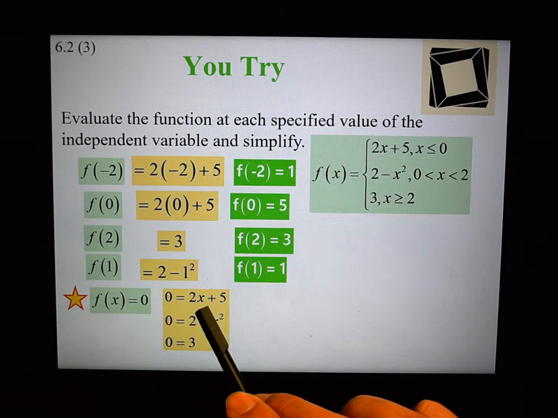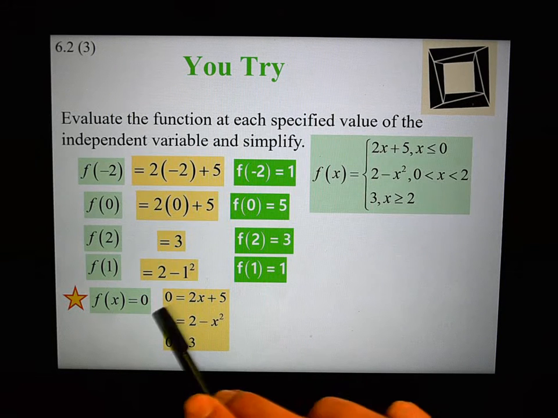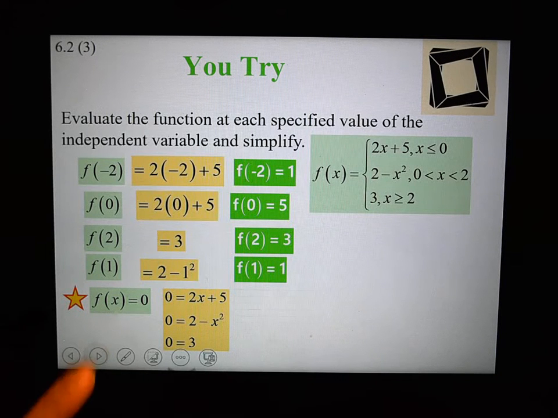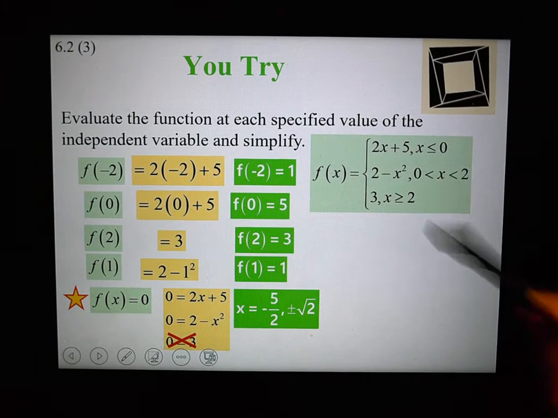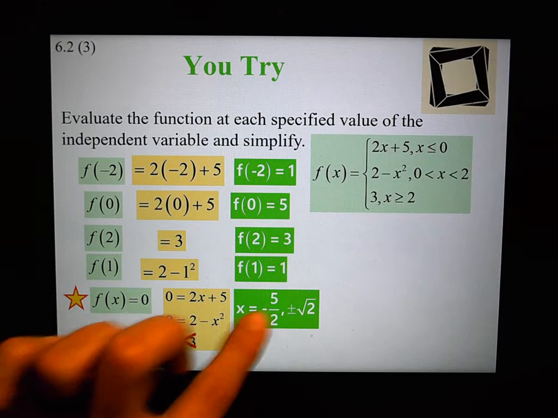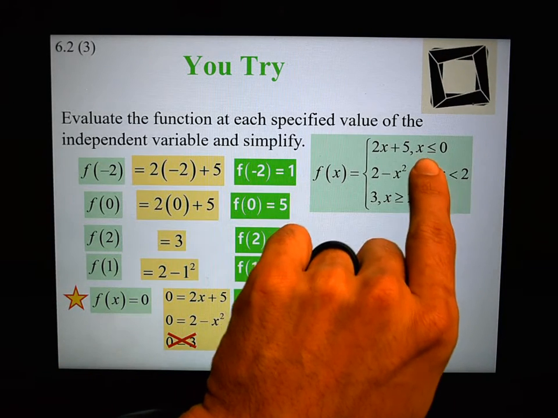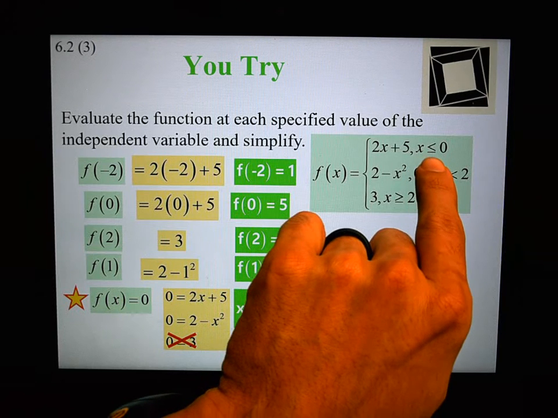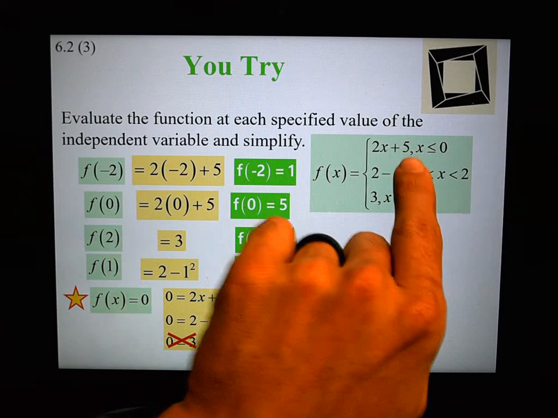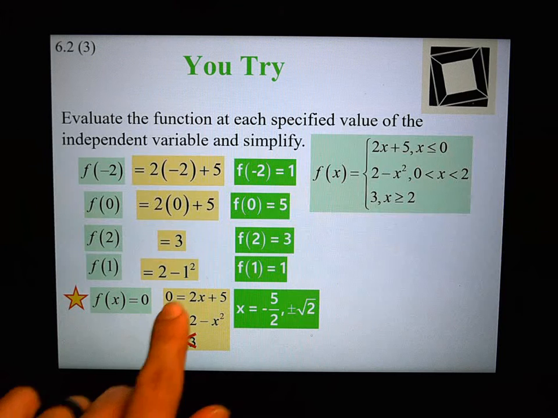What's x equal to? If I subtract 5 and divide by 2, -5/2. What you have to do with that result is check to see, is that part of the domain? Is -5/2 less than or equal to 0? Because if it's in the domain, then you can use it. So I can use that.